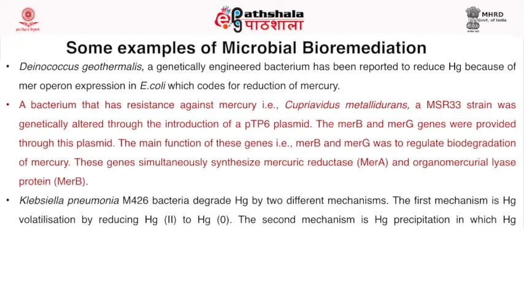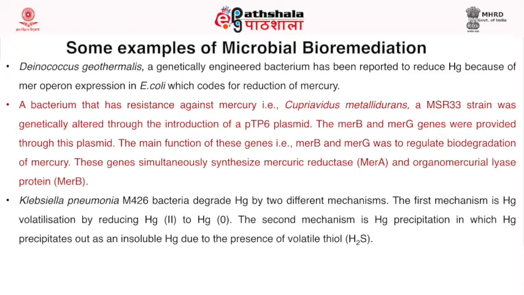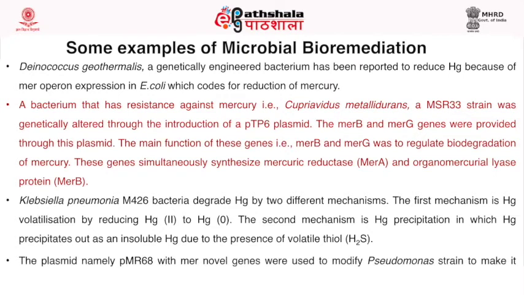Klebsiella pneumoniae M40 bacteria degrade mercury by 2 different mechanisms. The first mechanism is mercury volatilization by reducing mercuric form to elemental mercury, that is mercury having 0 oxidation state. The second mechanism is mercury precipitation, in which mercury precipitates out as an insoluble mercury compound due to the presence of volatile thiol, that is H2S.